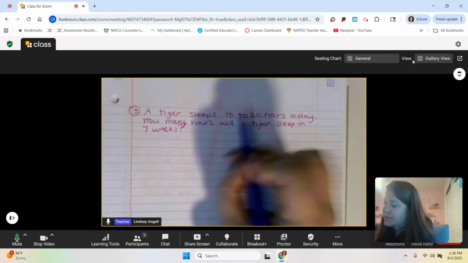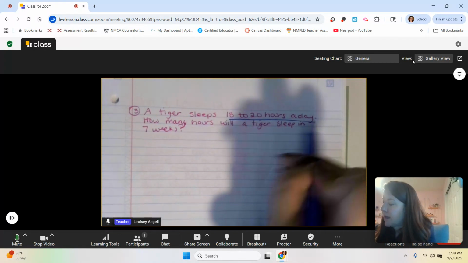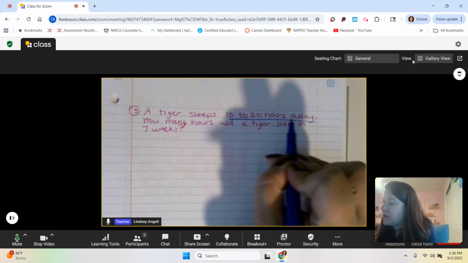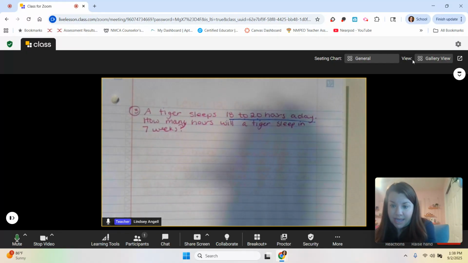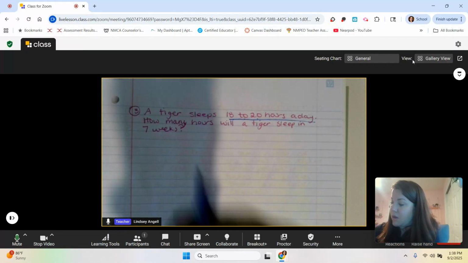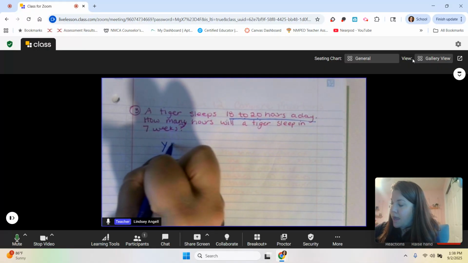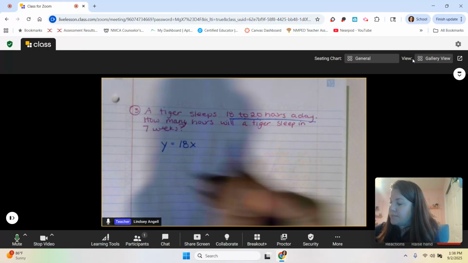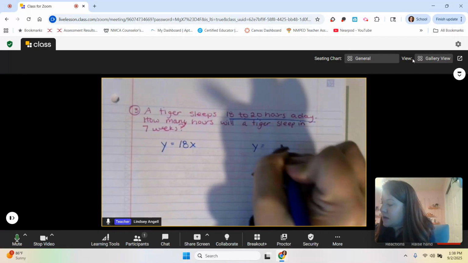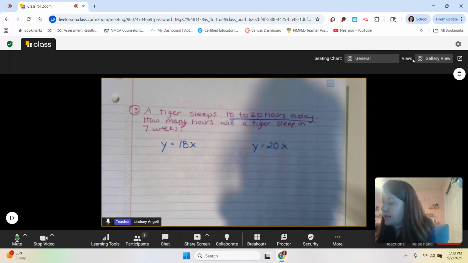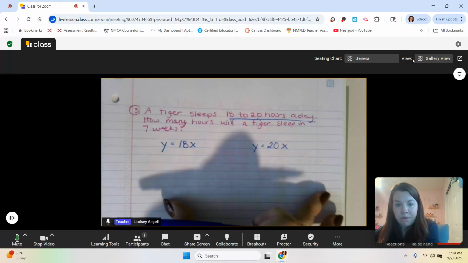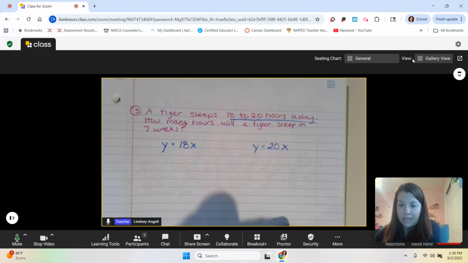So this is my constant of proportionality, right? 18 to 20 hours a day, or per day. It's out of 1, so that's my constant of proportionality. So I can say, okay, I've got y equals 18 times x, but I've also got y equals 20 times x. By solving both of those, I can get my range. I can keep it as a range.